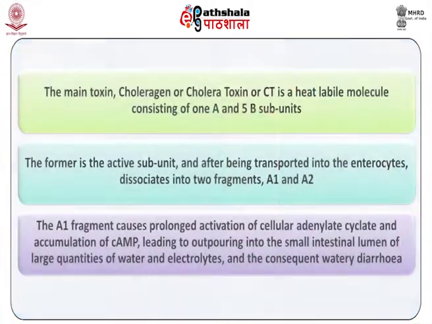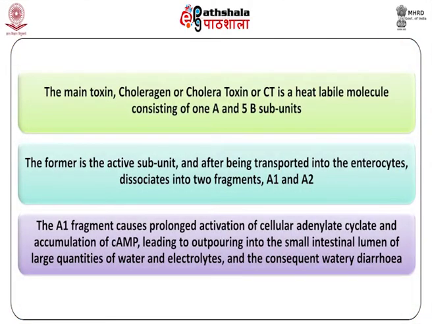Vibrio cholerae is responsible for causing cholera, while several other species are known to cause shellfish-associated outbreaks of gastroenteritis. The main toxin, choleragen or the cholera toxin or CT, is a heat labile molecule consisting of 1 A and 5 B subunits.